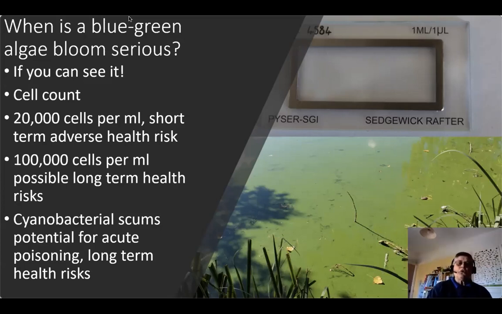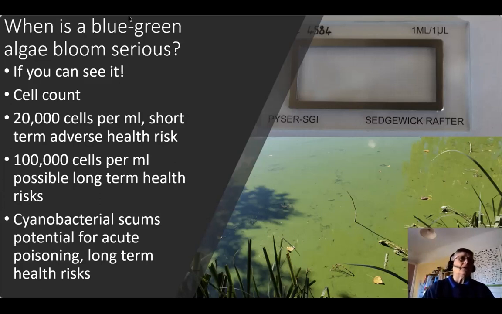It has a short-term potential health risk. So there may be a skin rash or upset tummies, things like that. When you start to get to 100,000 cells per mil, there are potentials for long-term health risks. Certainly, blue-green algae are neurotoxins, so they can affect the nervous system.